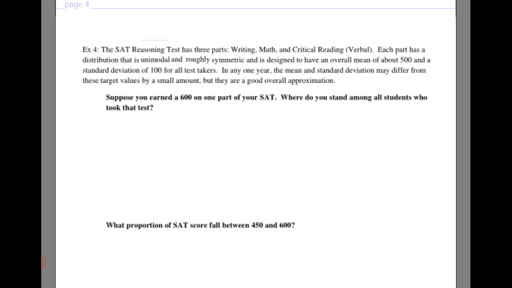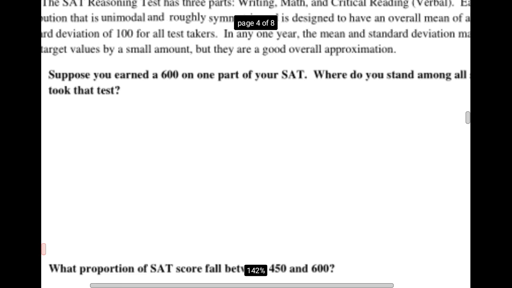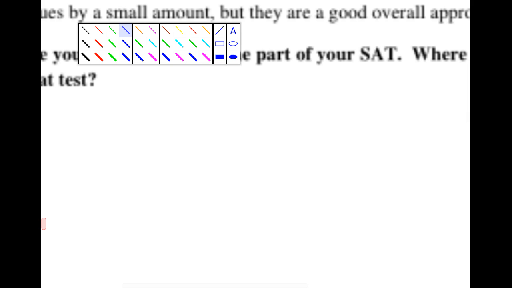So we're set. We just have to make sure that we write this down. We have to communicate that. So, since each test has a distribution that is unimodal and roughly symmetric, it is appropriate to use the normal model to discuss SAT scores.